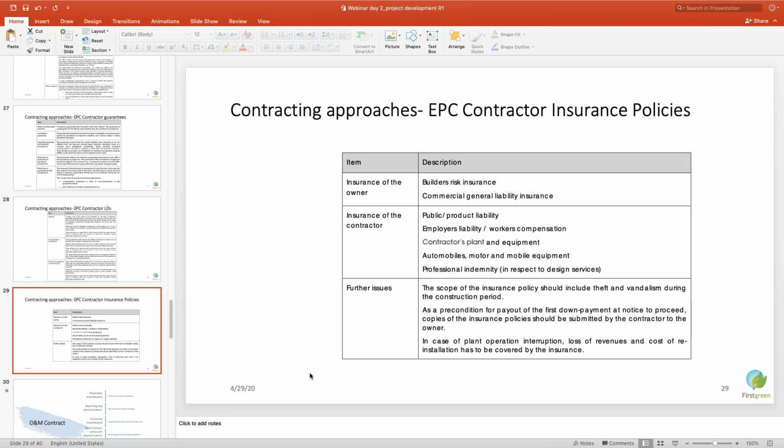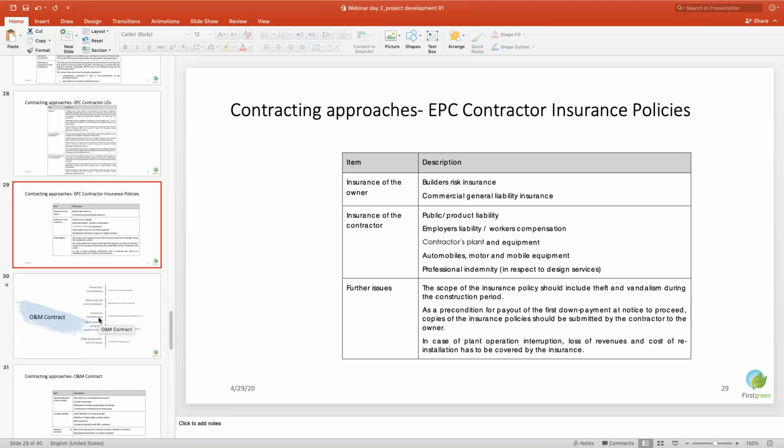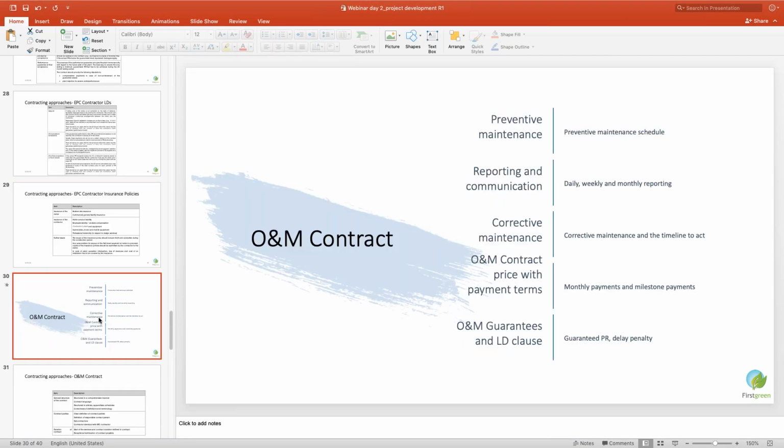Many times people even take insurance for their expected yield. Whether insurance for corona is applicable or not needs to be checked with the insurance companies. There may be loss of generation due to COVID. Your people are not able to reach the site, the plant is underperforming; whether it is covered under insurance or not needs to be checked.